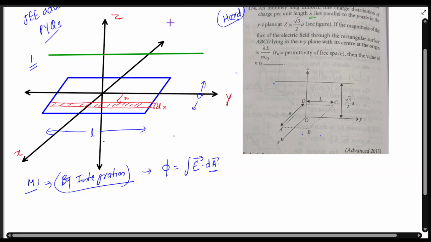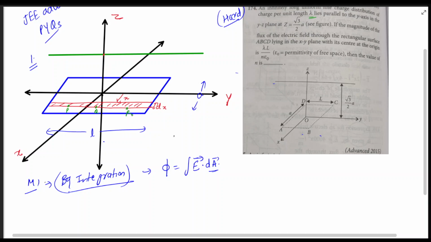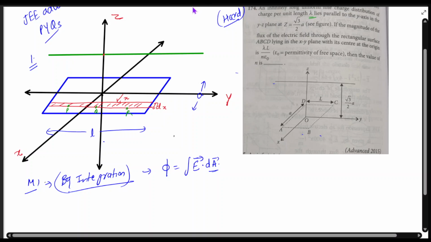I'm marking 3 points here. This is our point P, this is Q, and this is R. At P, we first make a straight line, directly perpendicular to the y-axis, and the electric field at P will be like this.